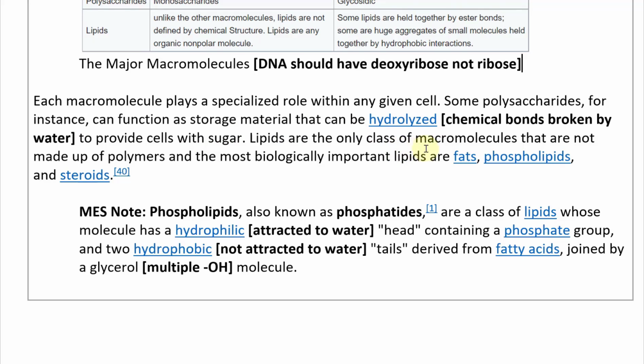Lipids are the only class of macromolecules that are not made up of polymers, and the most biologically important lipids are fats, phospholipids, and steroids.